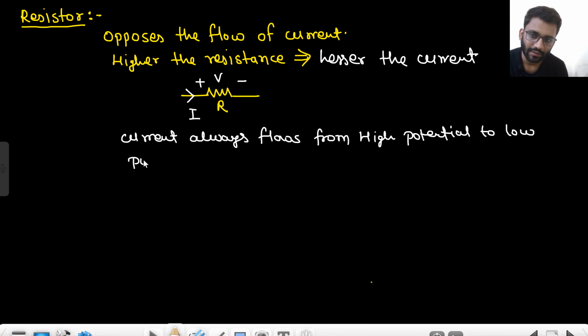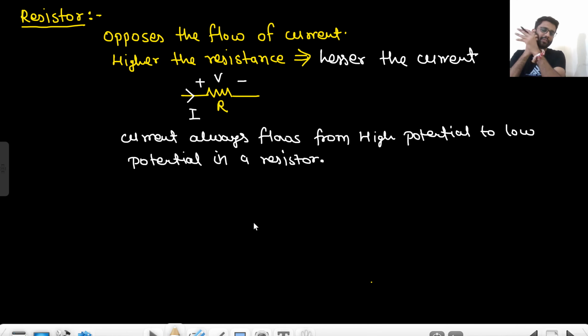If the current is flowing in this direction, I will write this one as positive and the next one as negative. If the current was flowing in the other direction, I would have written this one as positive and this one as negative. So the current always flows from high potential to low potential in a resistor.